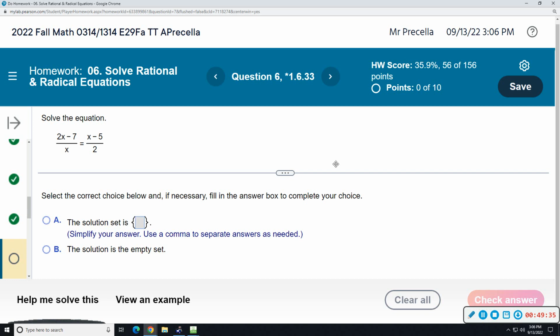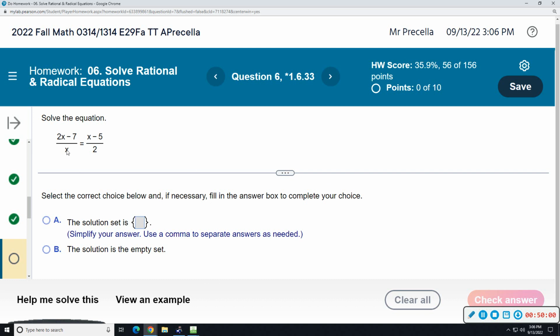This cross multiplying only works when it's one fraction equals one fraction. If you look at problems 3, 4, 5, and ask yourself, well, why didn't he do that there? It's not one fraction equals one fraction. On problem number 6, this is how I prefer to do it: one fraction equals one fraction.